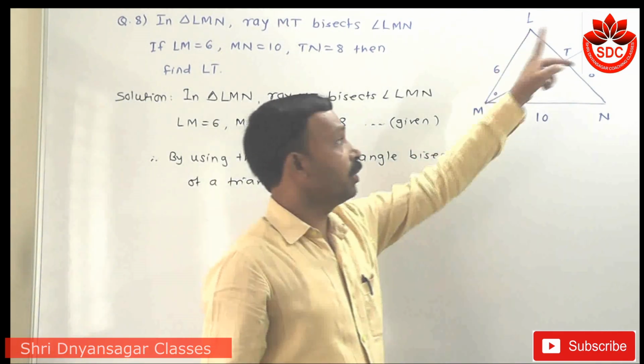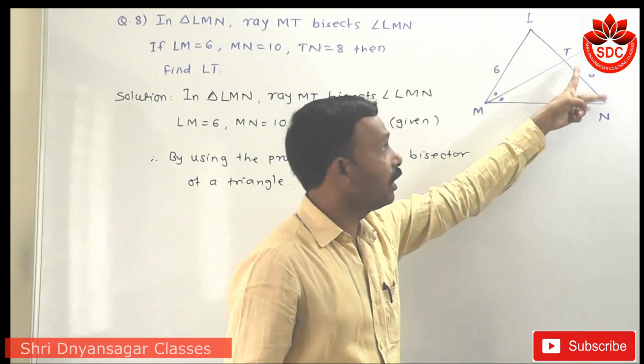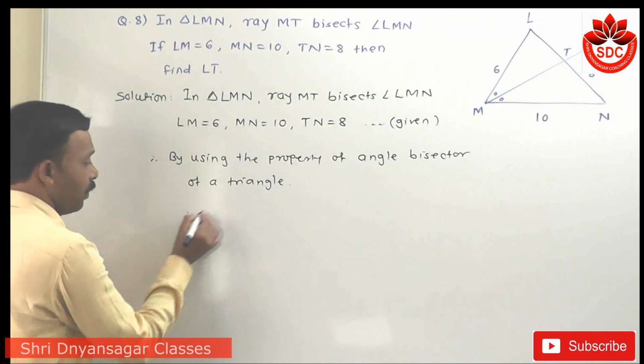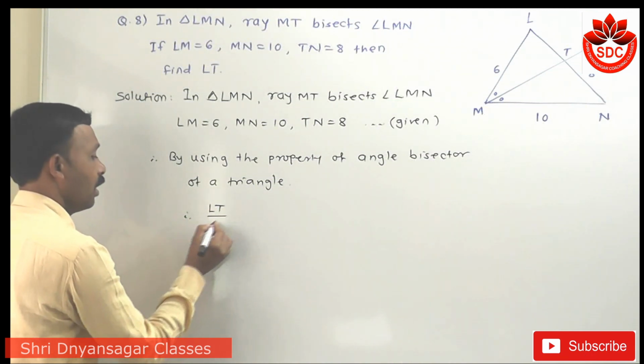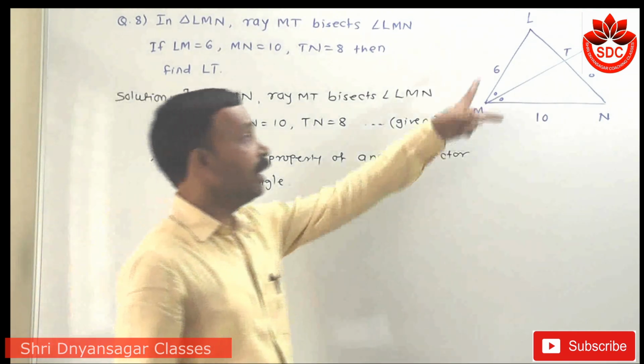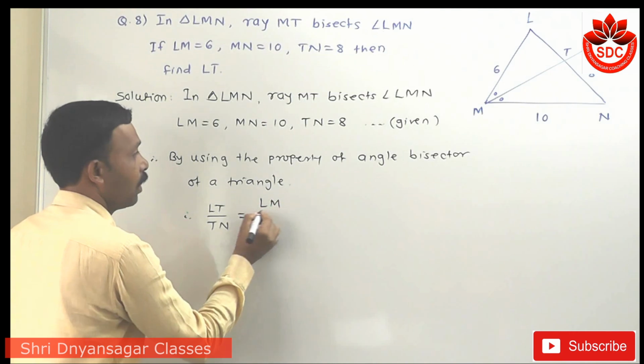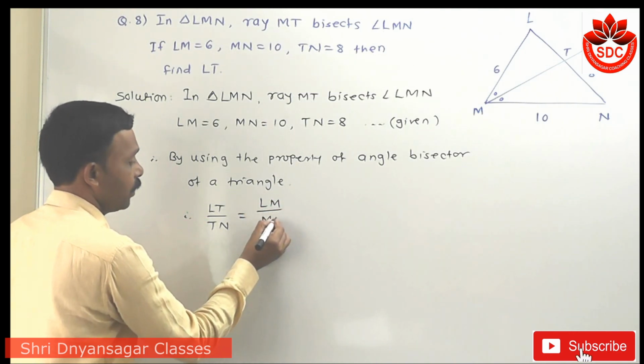First take the ratio of the sides opposite to the angle: LT upon TN is equal to the ratio of the remaining sides, that is LM upon MN.